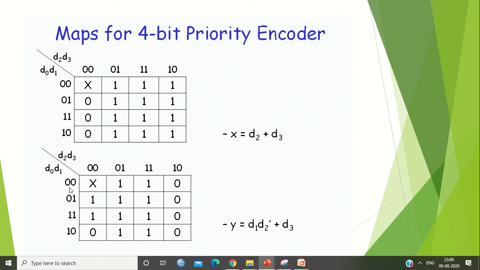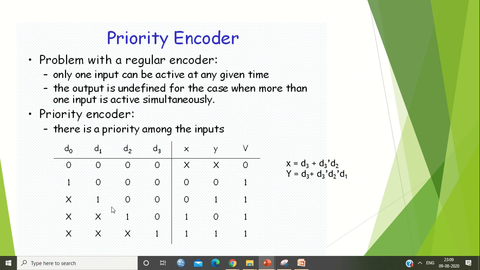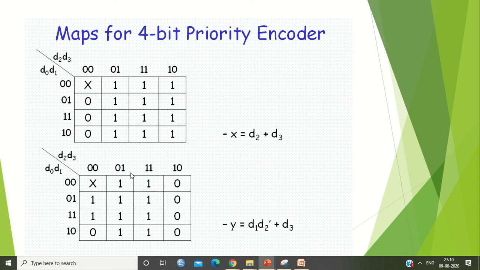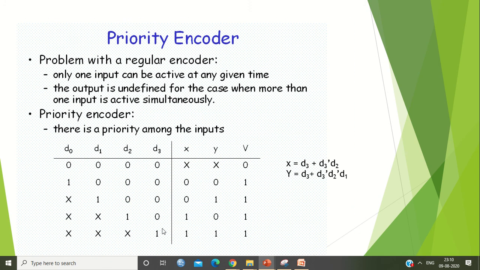Now for Y also, you will be getting the same 8 ones. And next to this, it will have only two values, 0100 and 1100.